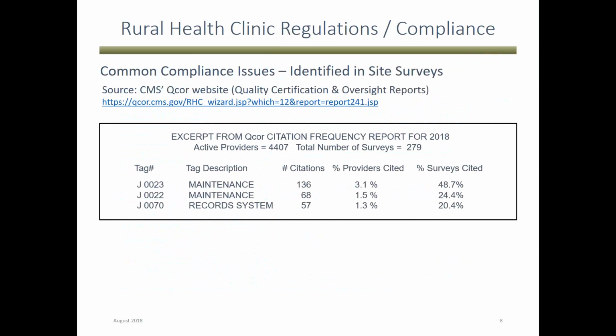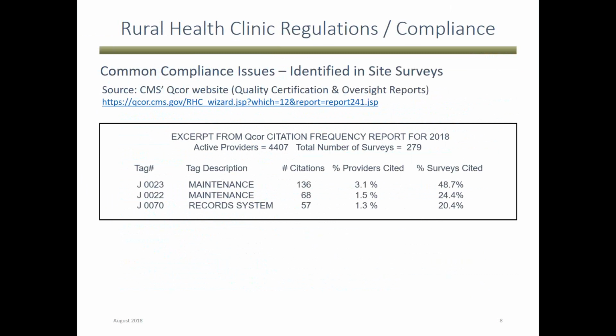So those are the top three. Within the table that you can download, there were a number of other deficiencies cited, but they were not materially significant. They ranged from 17% down to tenths of a percent. But these are the three most common.